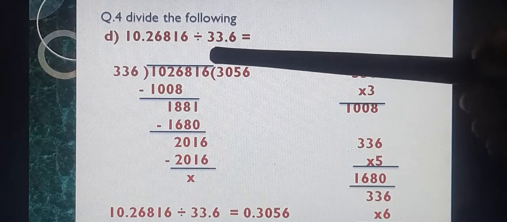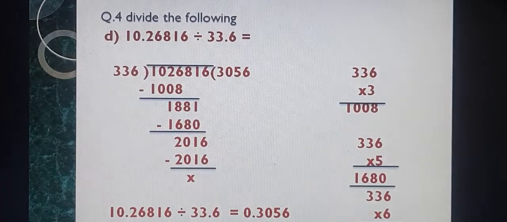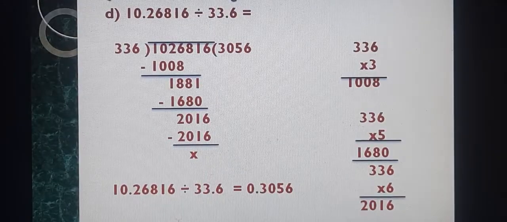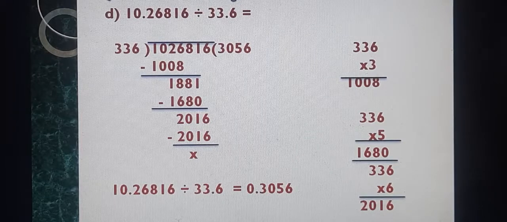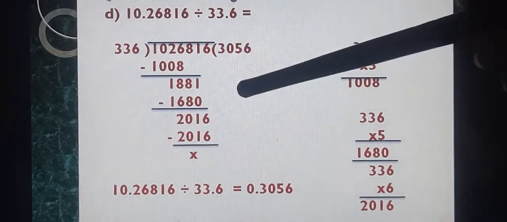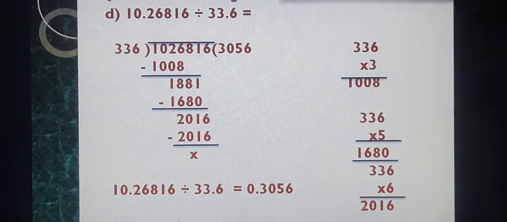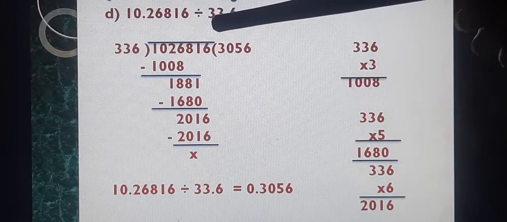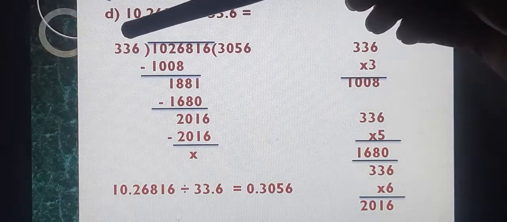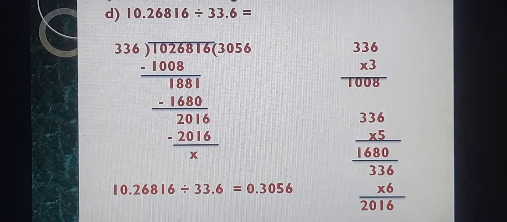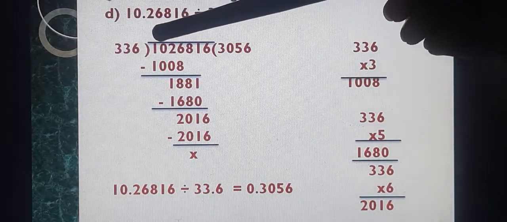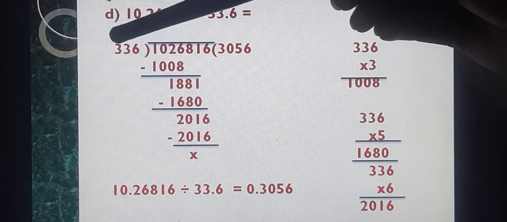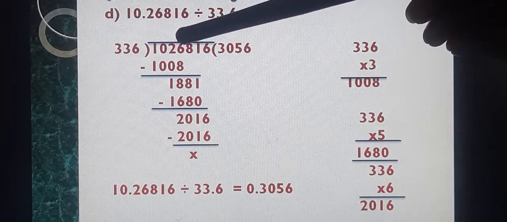10.26816 divided by 33.6. As dividend and divisor both have the decimal, we will not consider decimal first in division. Simple division will be there. So 10,26,816 divided by 336. Okay. So 102 is less than 336. So we will take one more digit.